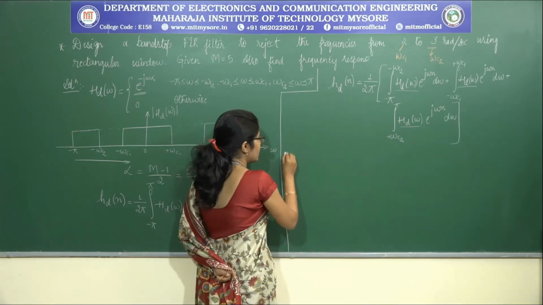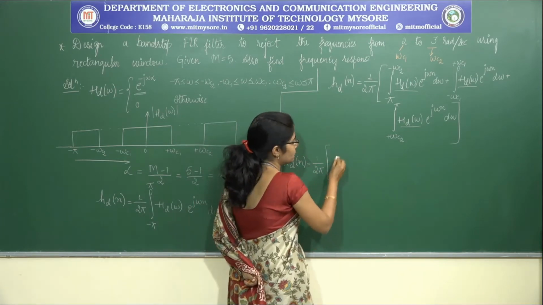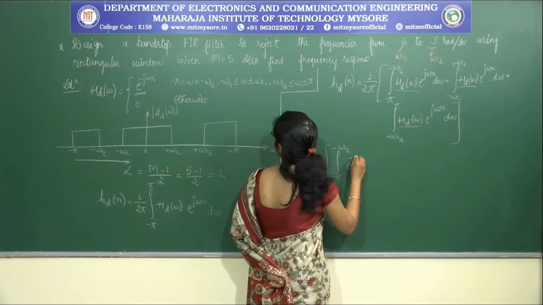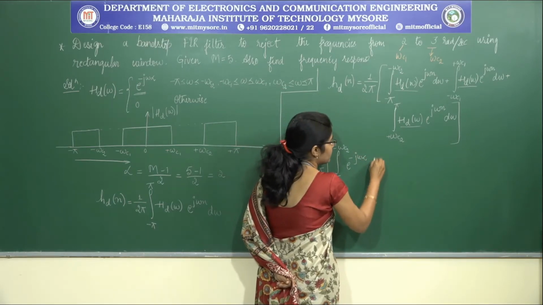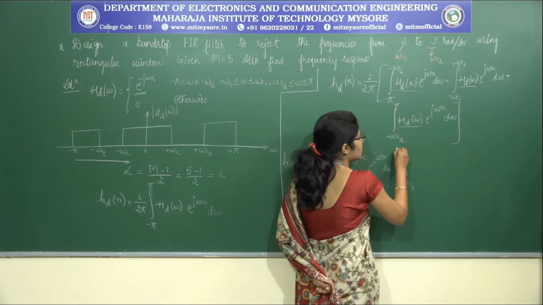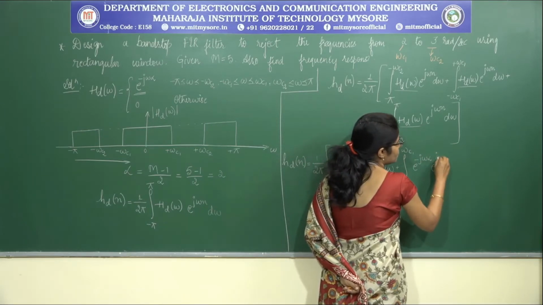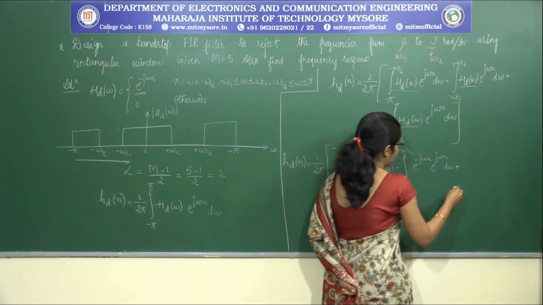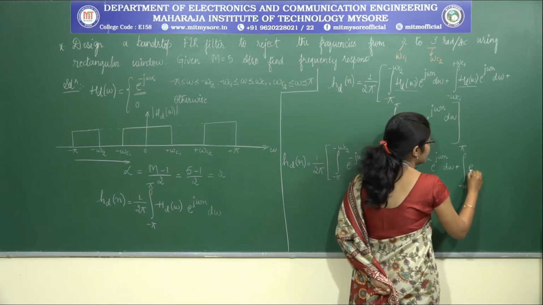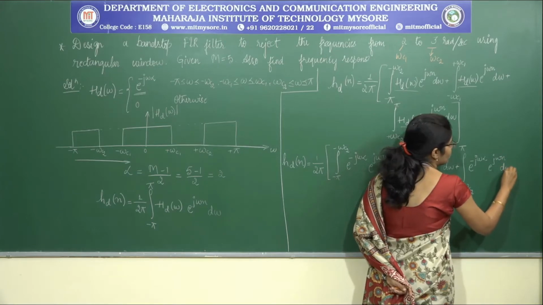So if I start substituting, hd of n will be equal to 1 divided by 2 pi into integral from minus pi to minus omega C2 e power minus j omega alpha into e power j omega n into d omega, plus integral from minus omega C1 to plus omega C1 e power minus j omega alpha into e power plus j omega n into d omega, plus the third part, it is integral from plus omega C2 to pi e power minus j omega alpha into e power j omega n into d omega.